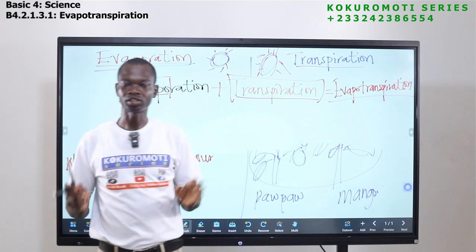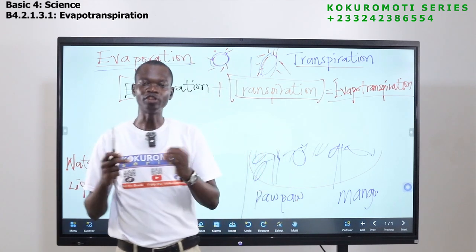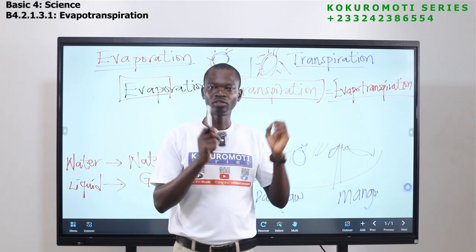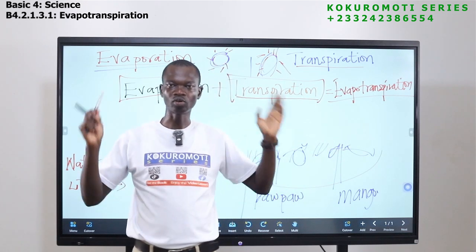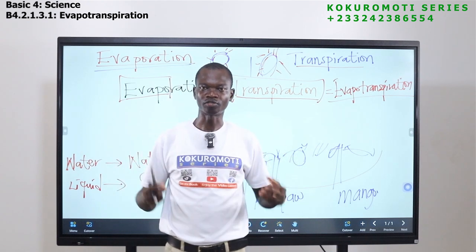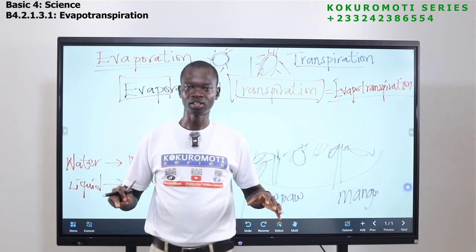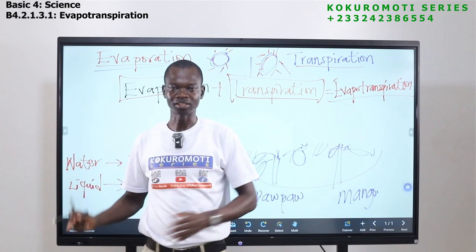In evapotranspiration, water is released into the atmosphere as water vapor, and you need a source of heat. With these two processes, we don't use fire. It is only the sun that provides heat for the water bodies and for the water content on the surface of the earth, I mean in plants and in water bodies.